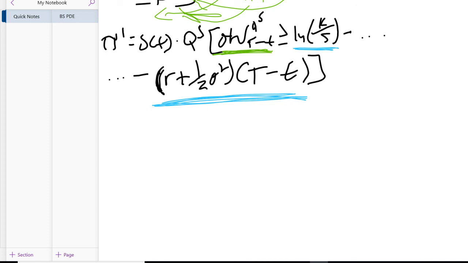And then again, I'm going to call that some random variable gamma, and I'd like to get that to be less than the other side.